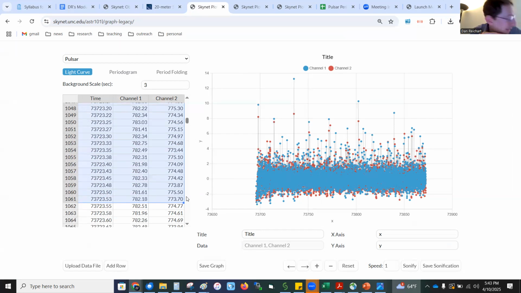Now, before we analyze this, let's just sonify it. Let's see if we can hear the pulsar.